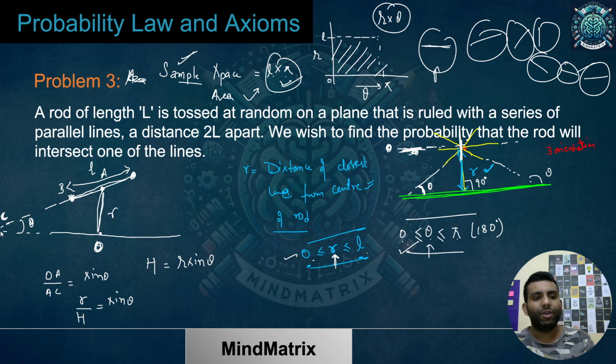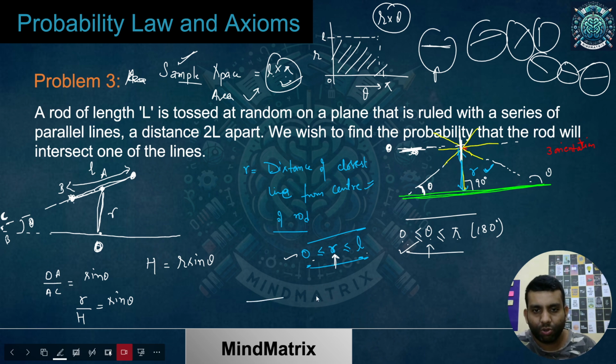I know AB is already L by 2. If I want to ensure that there is intersection, B must not be present over here. B must be present over here, or just after that.